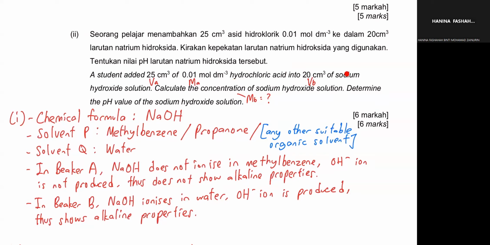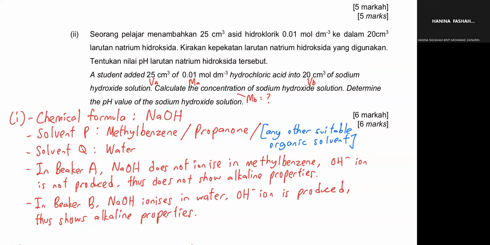Acid reacts with alkaline. Hydrochloric acid reacts with sodium hydroxide. V is volume, M is molarity concentration. VB is also given, and they want to find MB. So you calculate.